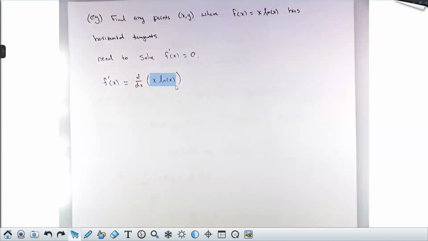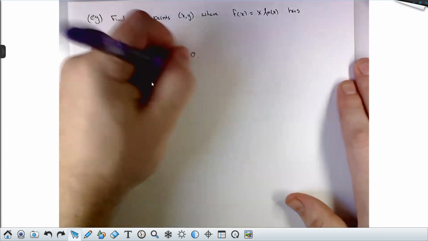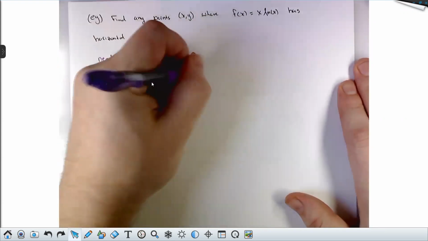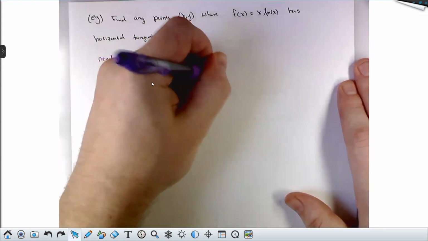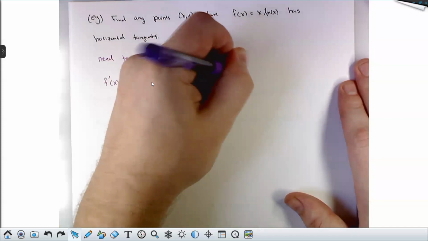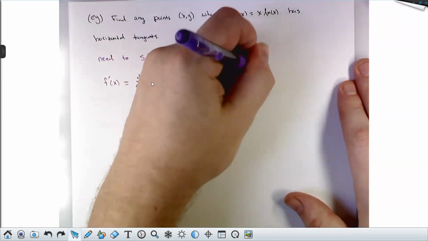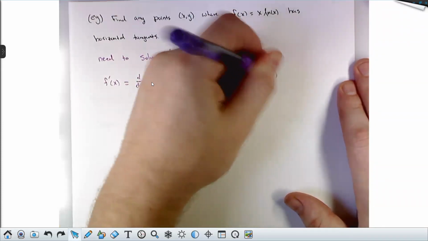Now this does require the product rule, because x is a variable, it changes. So we'll apply the product rule and get x prime times the ln of x plus x times the ln of x primed.